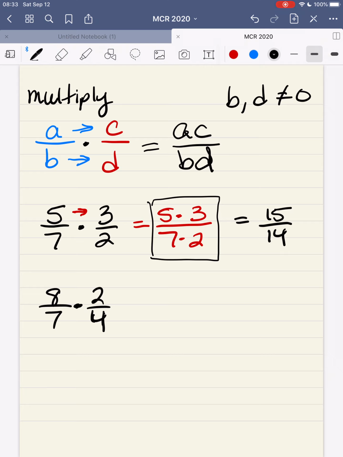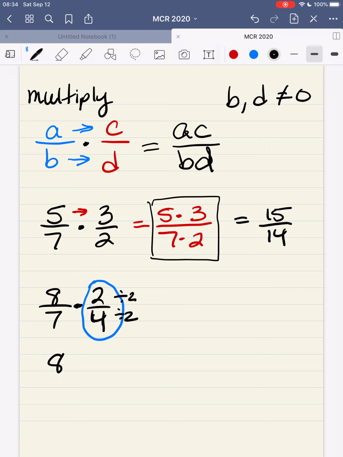Right, let's look at the next example here. So I have 8 over 7 times 2 over 4. There's a couple different ways you can look at this. All right. Now if I look at this 2 over 4, that simplifies on its own. And I can divide top and bottom by 2 and simplify that fraction outright.